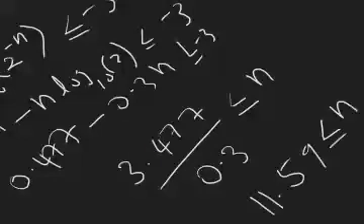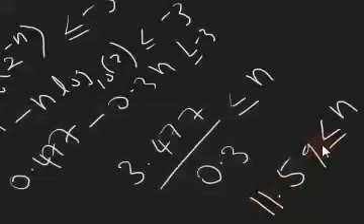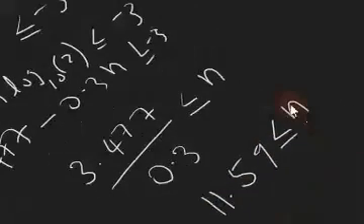Alright, so if you want to get 10 to the minus 3 accuracy, you want to iterate at least 12 times. So this is the bound for the iteration.